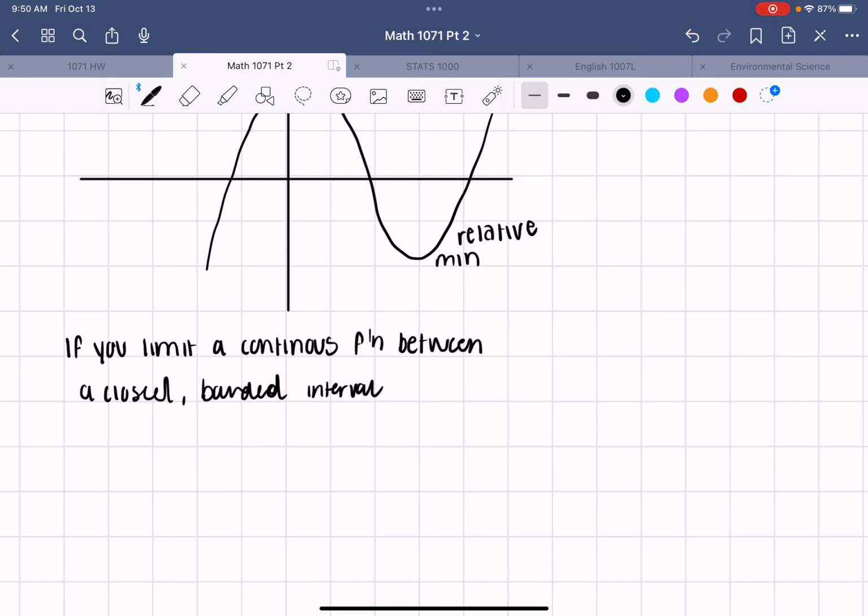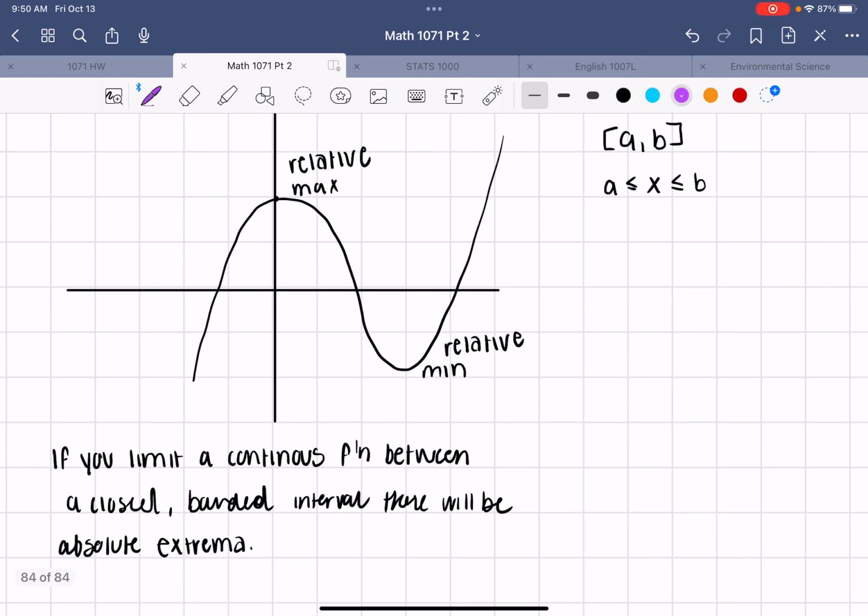And so let me do an example. Let's take this one here. Let's say that I am going to limit myself from, let's say, from here over to here. So I'm no longer interested in the whole black graph.